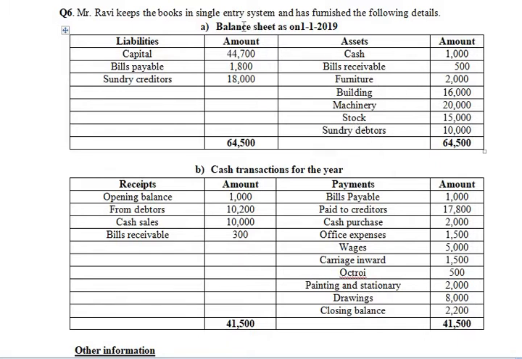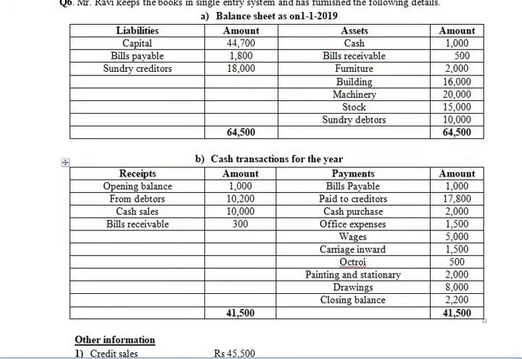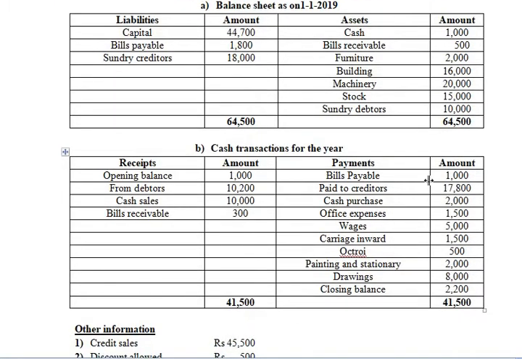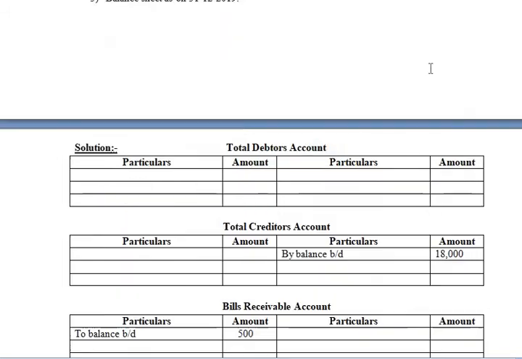So now if you see here, this is the amount of furniture is 2000. This is nothing but the opening balance of furniture. If we prepare furniture account, then this balance goes over there. But in the question, if you see, there is no transaction being given regarding furniture, building and machinery. We just have depreciation to be given. So here we'll consider this to be as the closing, just a minute.